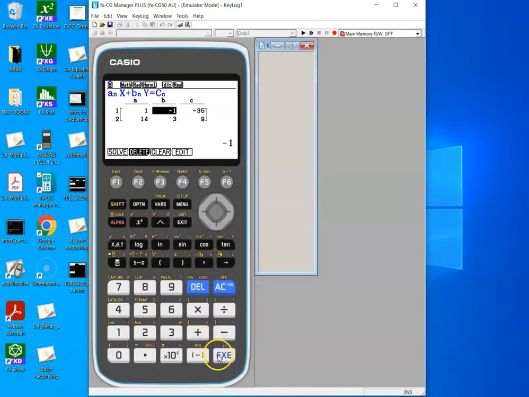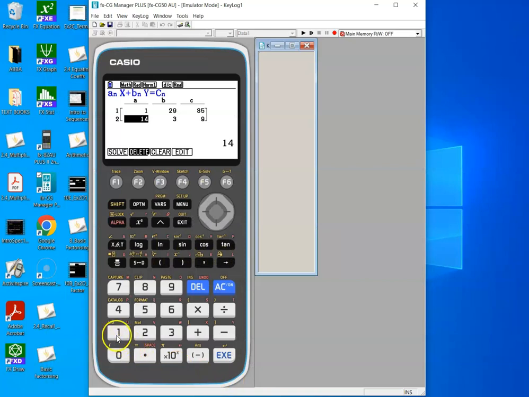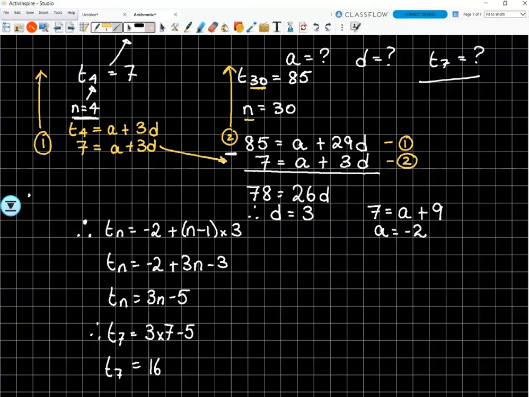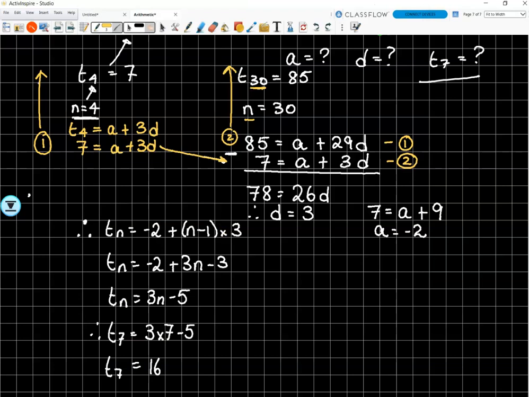So 1, enter, 29, enter, and I think it was 85. Then 1, 3, and 7. And we solve, and we get the same answers. Okay? There we go.